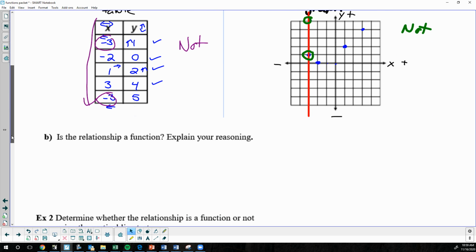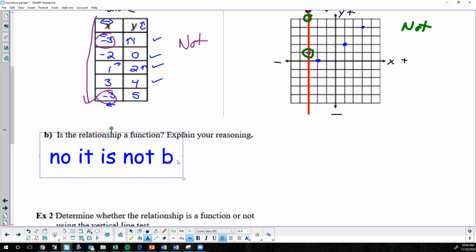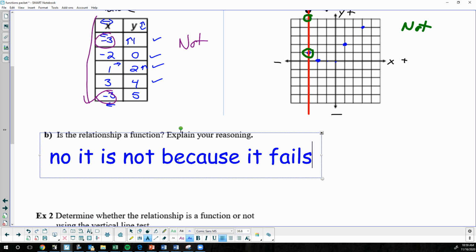Moving on. So for this section right here, no, it is not. Because it says explain, we have to say because it fails.